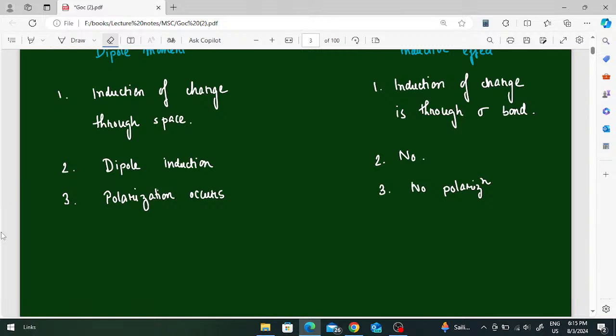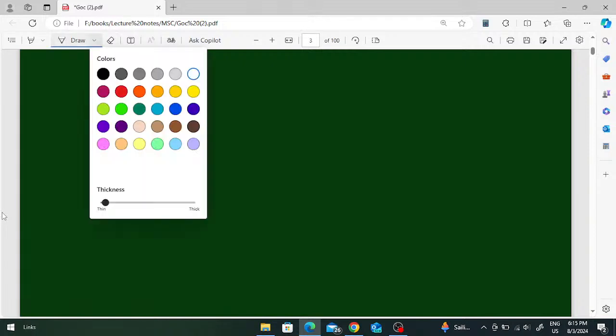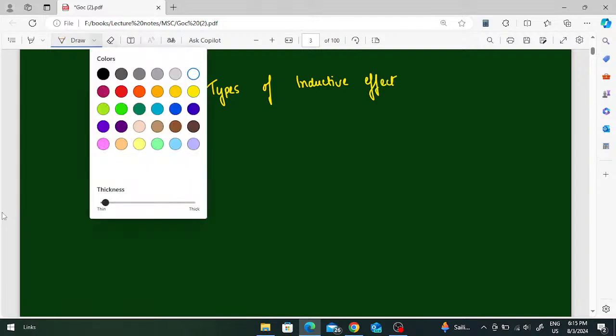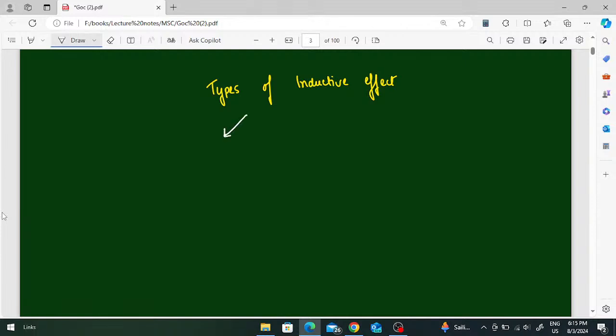So we'll have two types of inductive effect here. Talking about the types of inductive effect, you can either have one case where you will have only movement from a carbon towards the group.